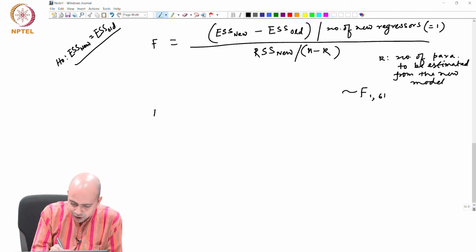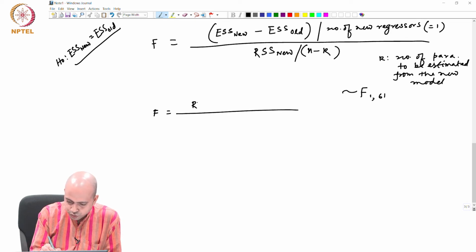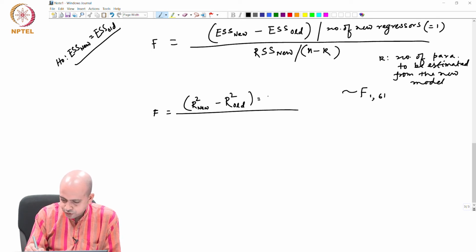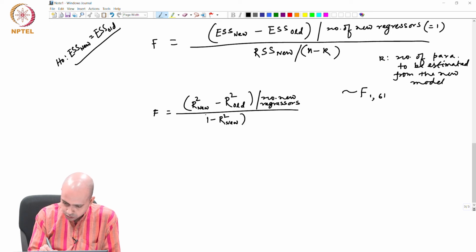In terms of R square, this would become R square new minus R square old, divided by the number of new regressors, divided by 1 minus R square new, divided by n minus k.